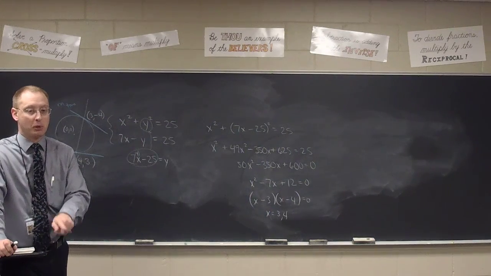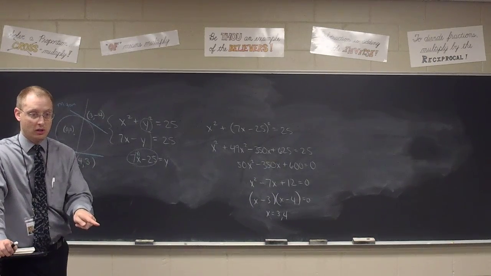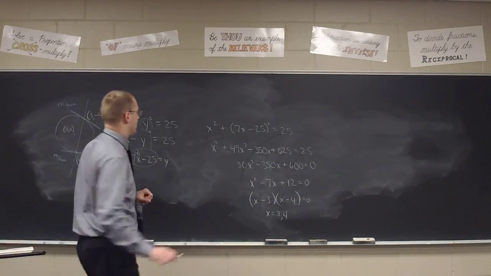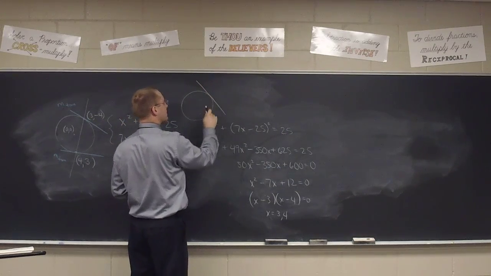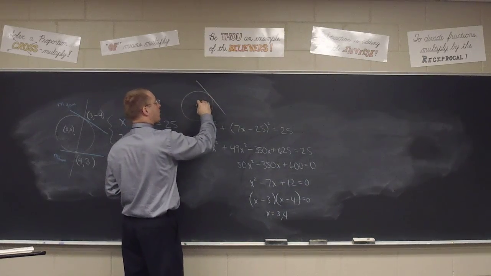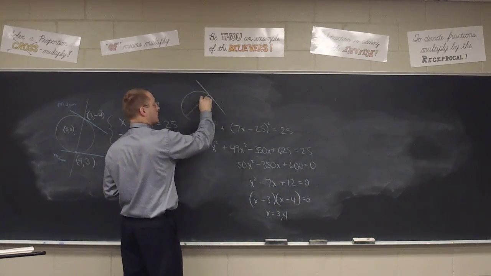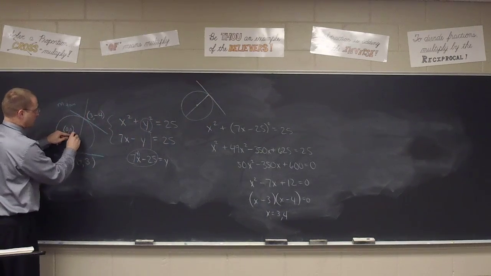Perpendicular. Tangents are perpendicular to what? A tangent is always going to be perpendicular to what? Diameter or radius, correct? The radius or diameter drawn to the point of tangency. So I've got my center at 0, 0.